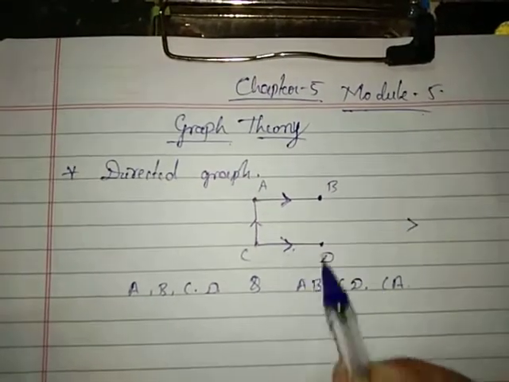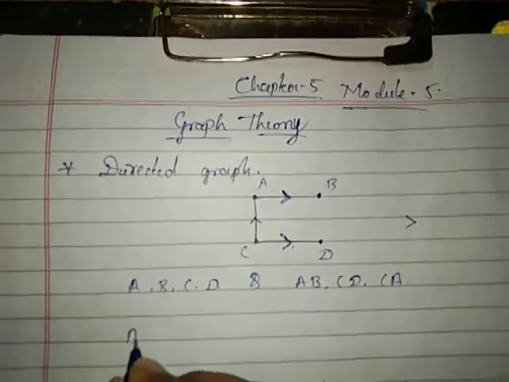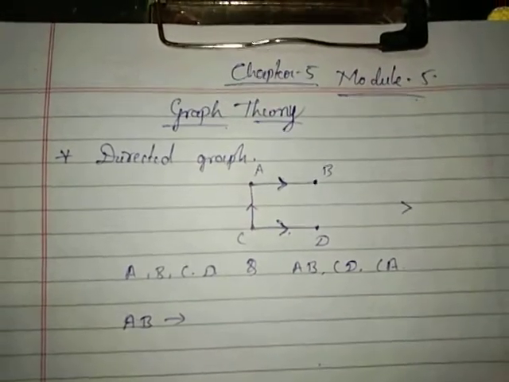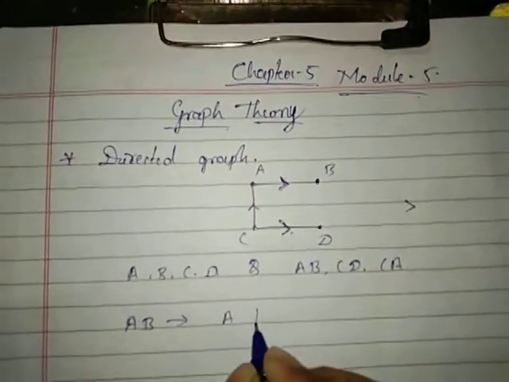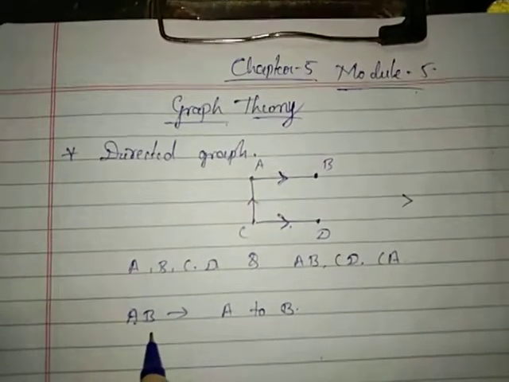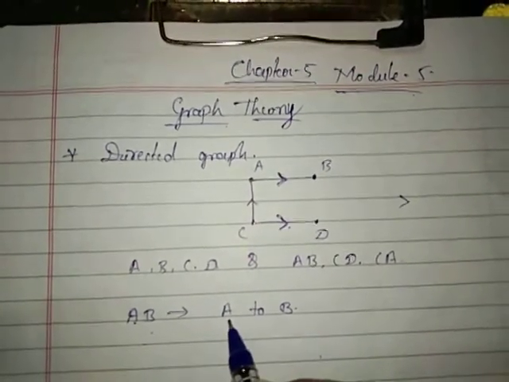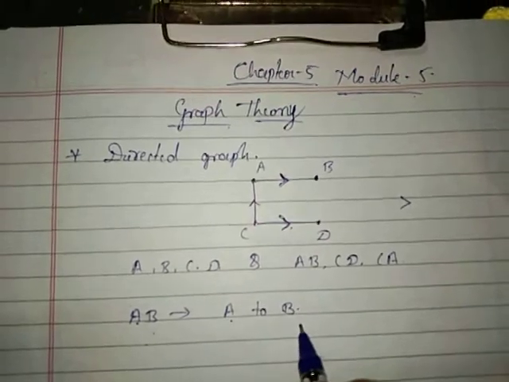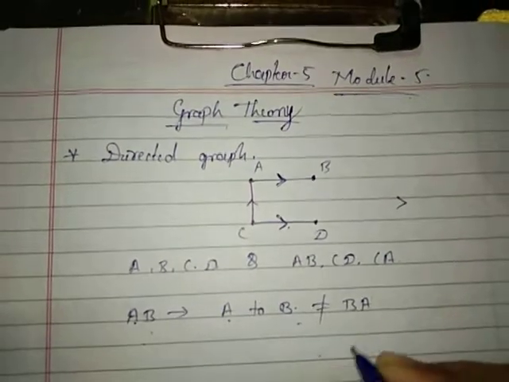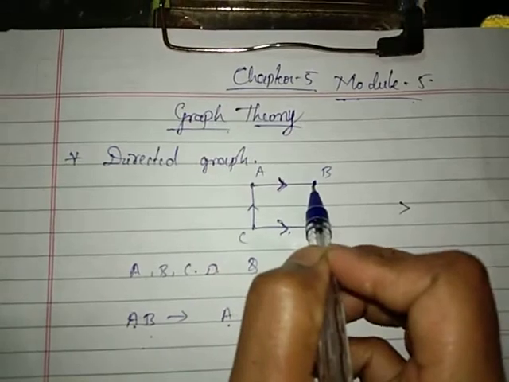Because of attaching the direction to these edges, the edge AB has to be interpreted as an edge from the vertex A to the vertex B. It cannot be written as BA because the direction is given from the vertex A to B.